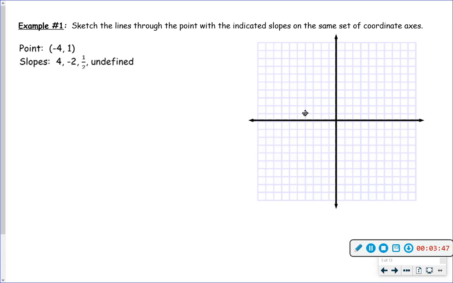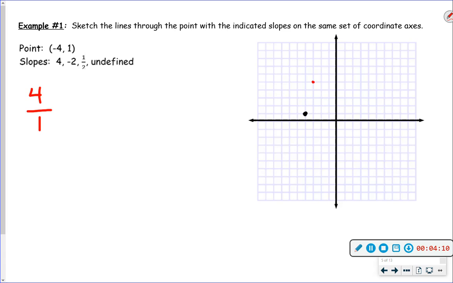I'm going to do the 4 in red. For slope, I know you know it's over 1, but I'm just going to put it in fraction form. From my beginning dot, I'm going to now count the slope out. Rise 4, so up 4, run 1, right 1. So up 4, right 1. Start counting.